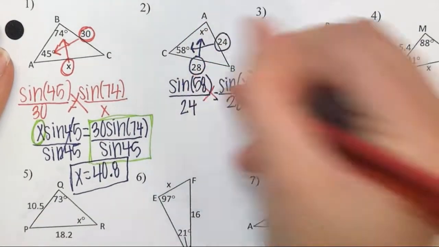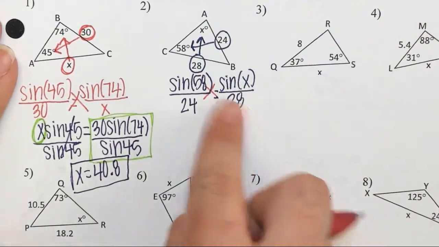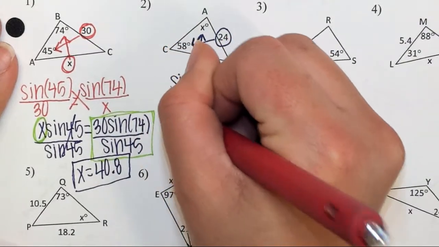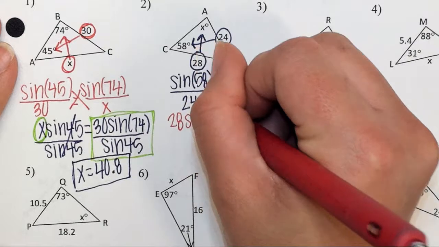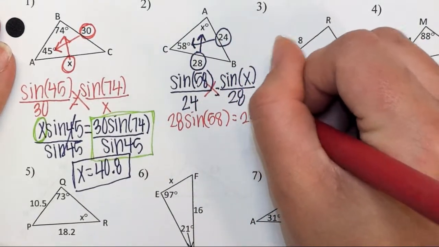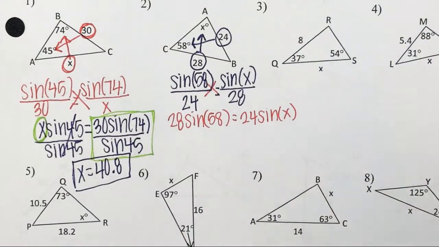Okay, let's cross multiply. So your 28 goes up in front of sine, so you're going to have 28 sine of 58 equals 24 sine of x. Now your sine and your angle always have to stick together. They're like peanut butter and jelly. They're always good together, okay?